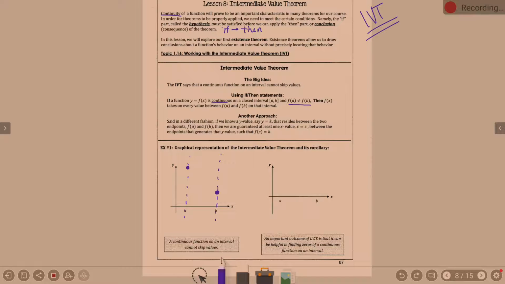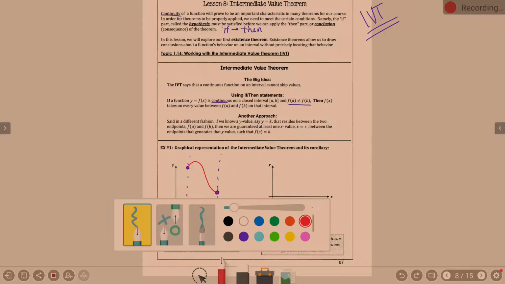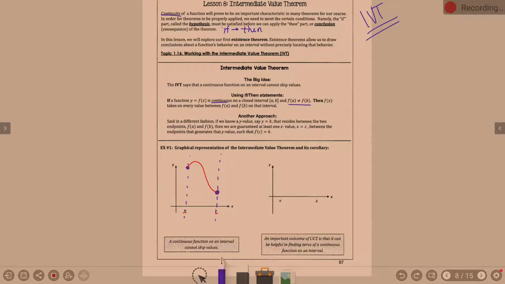So if I draw, we'll do like that. Okay? So at that point, and remember there's an A here and a B here, yes? So we have a continuous function on a closed interval, A to B. Right here, this is A, so the y value at A could also be expressed as f of A, if you will.